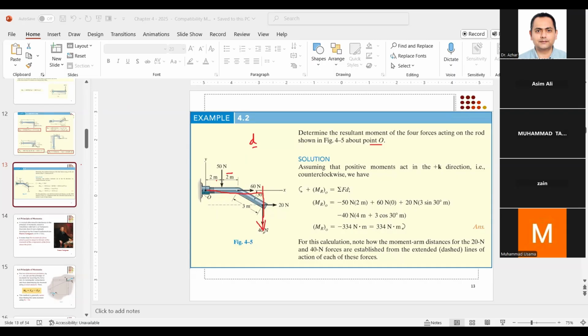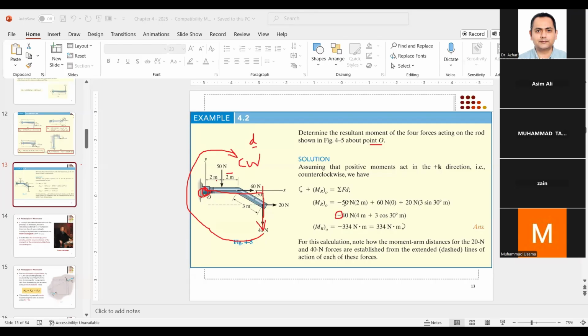So what is this downward force trying to do? This downward force is trying to reduce this kind of rotation about point O. Okay, the point O is taken as the center of the circle. So this is clockwise. If this is clockwise, then the sign for this is negative.